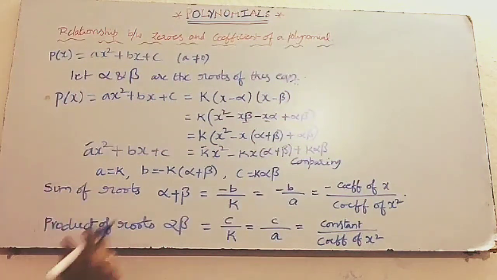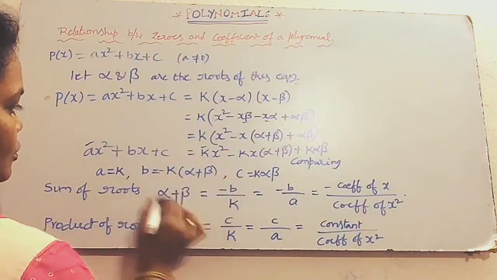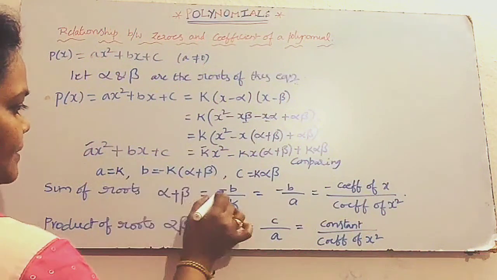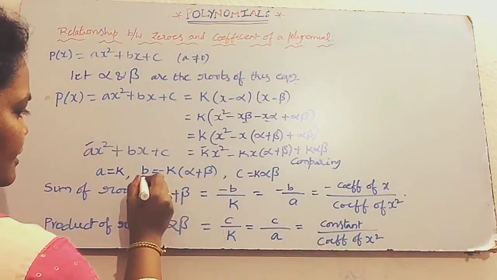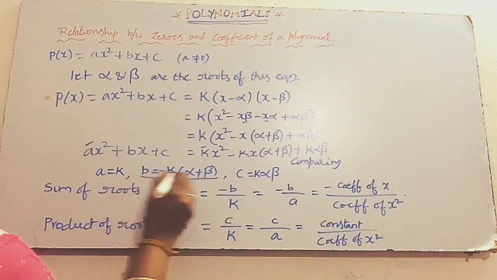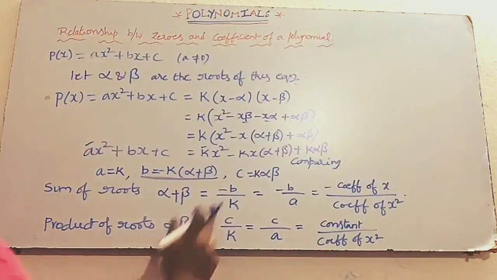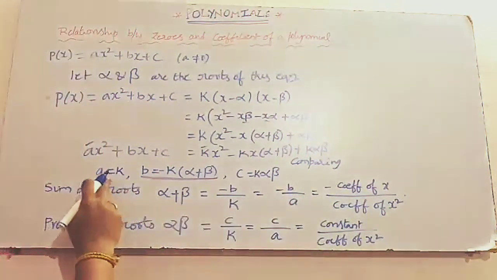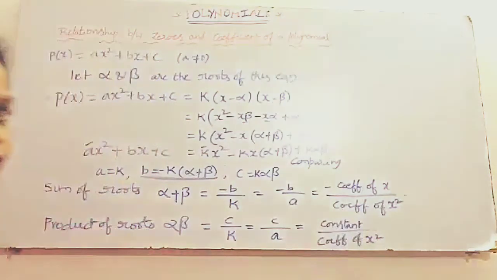So sum of roots, that means alpha plus beta, is equal to minus b by k. So k equal to a. So minus b by a. That equal to coefficient of x by coefficient of x square.